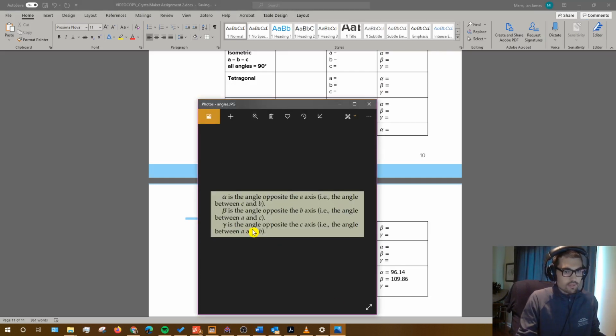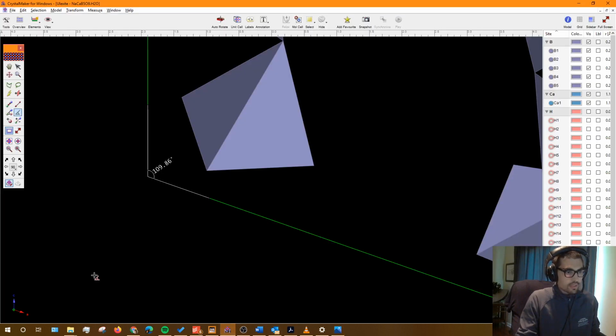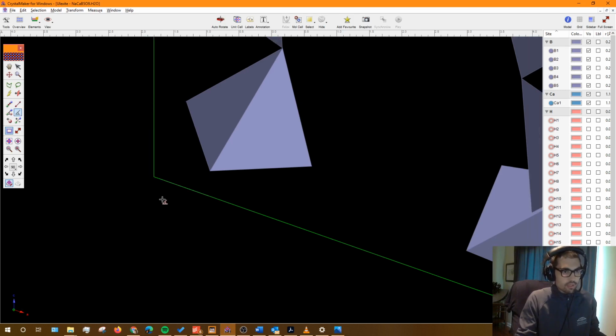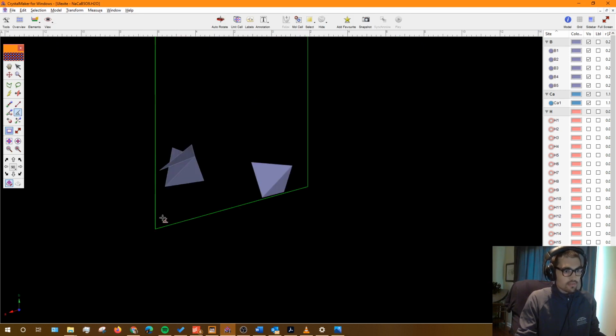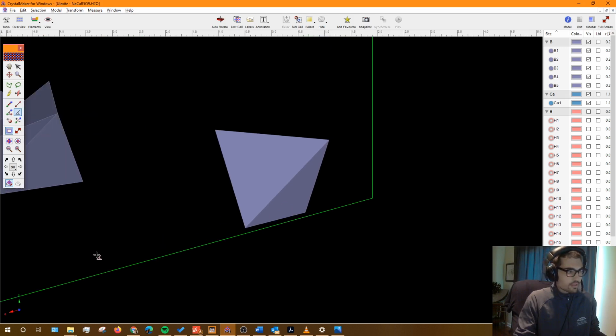Lastly, the gamma angle, the angle between A and B. If I go back to CrystalMaker, I can't see the angle between A and B. Zoom out again. Can't see it because I'm looking down the B axis. So I got to look down a different axis. Oh, perfect. Now I can see it. Based on these vertexes here, A is running side to side, B is running up and down.